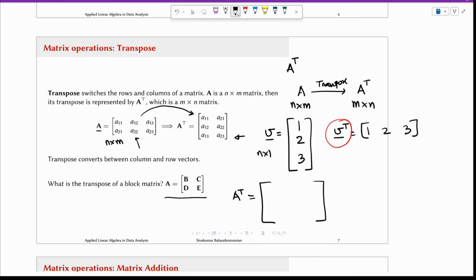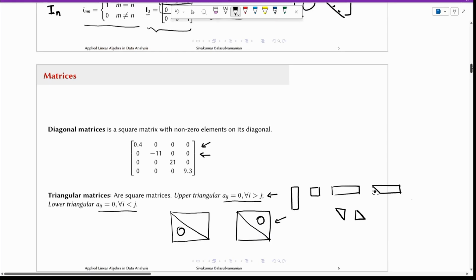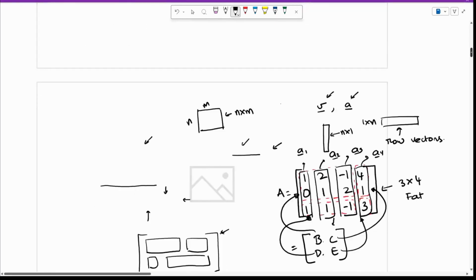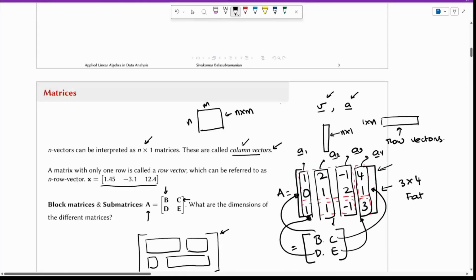You can verify this. For example, you can start with this example and then verify it later on. Do the transpose of the individual elements and then see what the corresponding blocks are. Are you ready? So write down the transpose of this and then figure out what should be the block representation of A transpose in terms of B, C, D, and E.